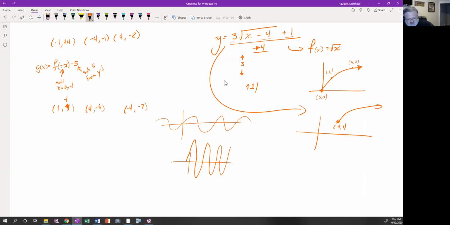We use these types of transformations to do that. Horizontal compression to control the frequency, vertical stretching to control amplitude, vertical shifts or lifts to control equilibrium. It's all done in this kind of way.